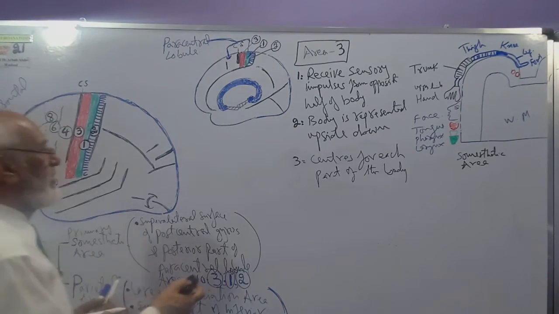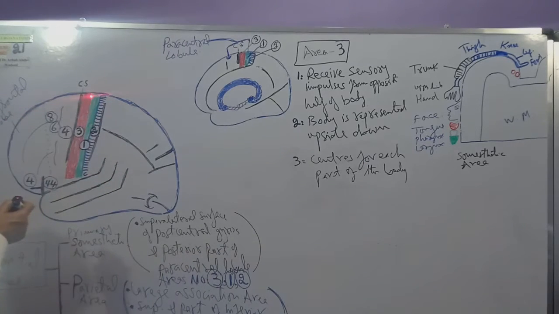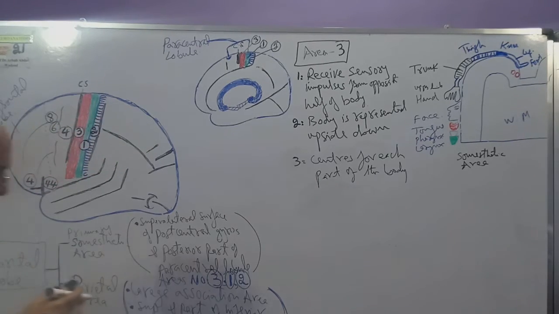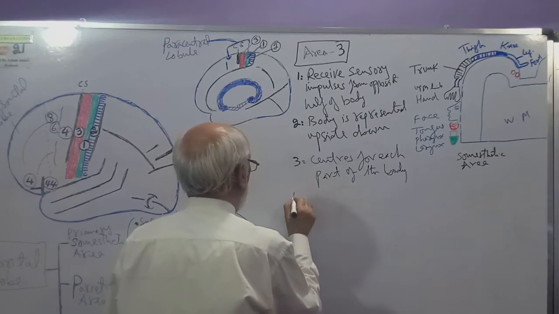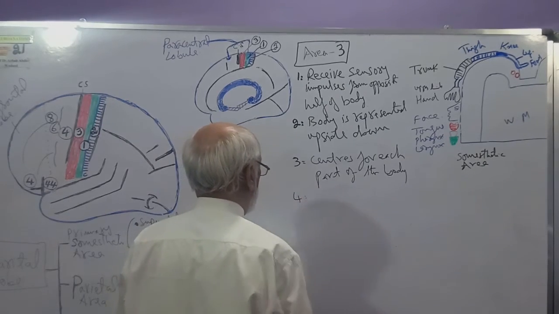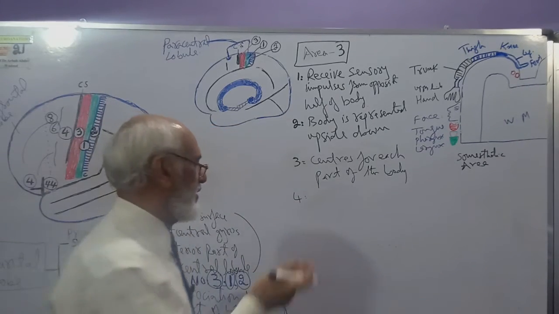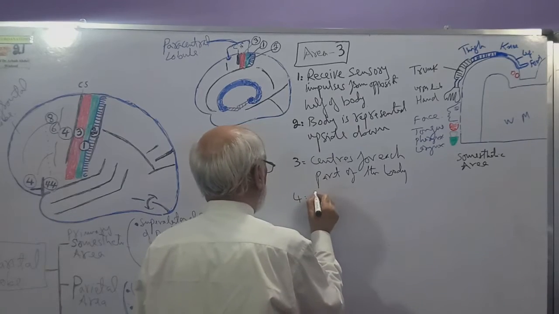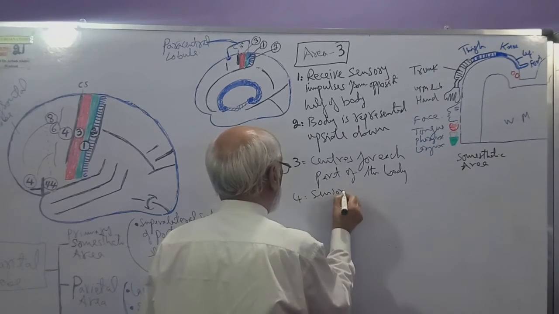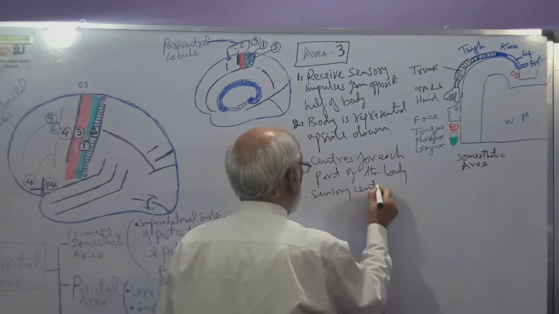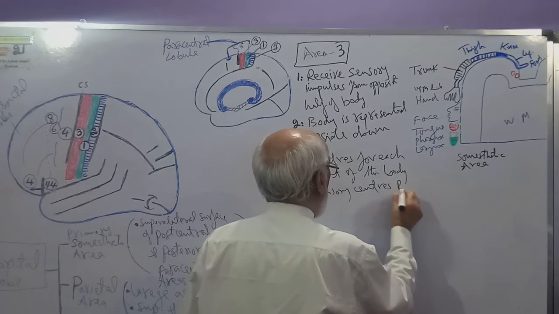Same is the case here in Brodmann cortical area number 3, the sensory cortex. There are sensory centers for each part of the body. And just like in the motor area, in the sensory area, again, these sensory centers partially overlap each other.